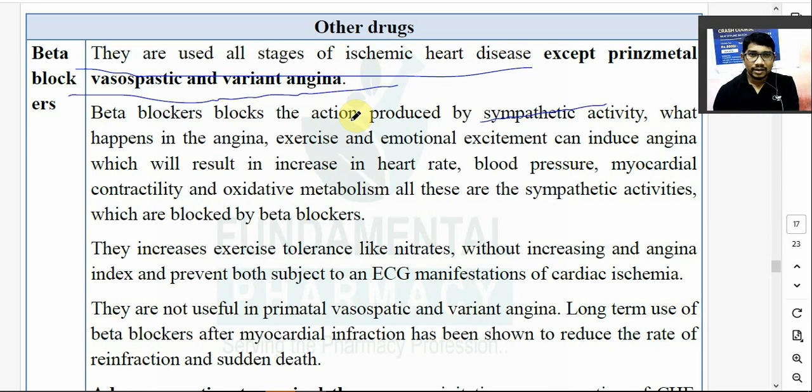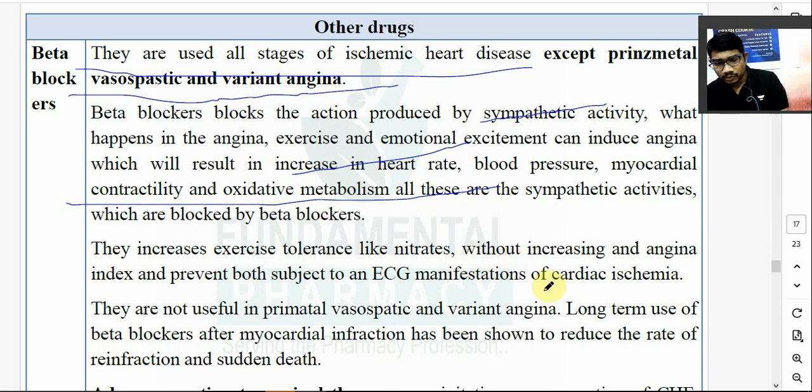So anginal pain mostly happens during exercise or emotional excitement, which induces angina and results in an increase in heart rate, blood pressure, myocardial contractility and oxidative metabolism. Whenever you are under the influence of the sympathetic nervous system, your heart rate and force of contraction will increase, and blood pressure will increase.